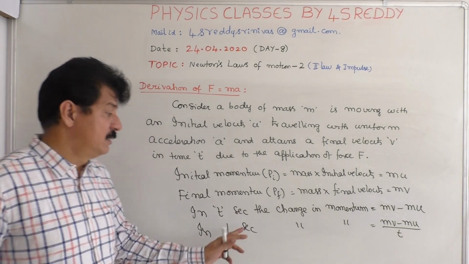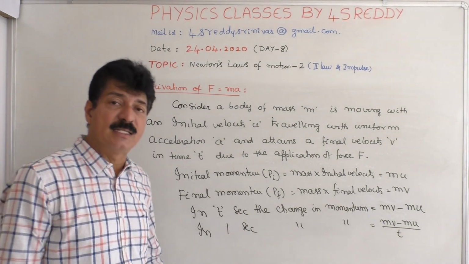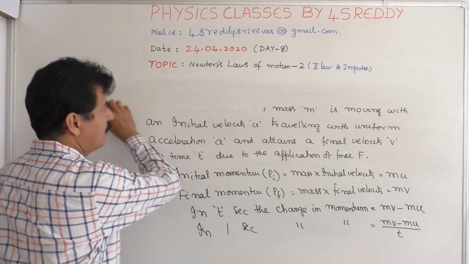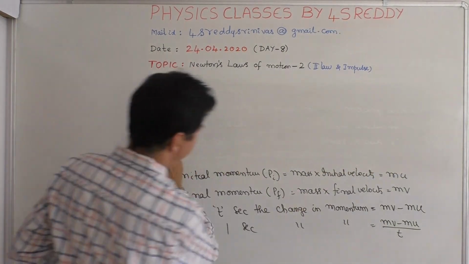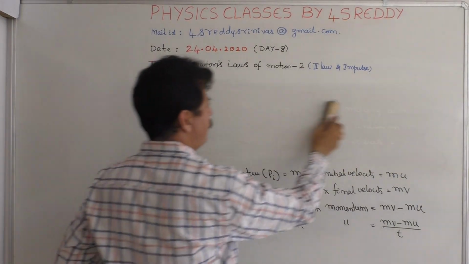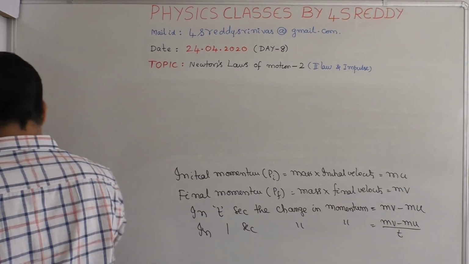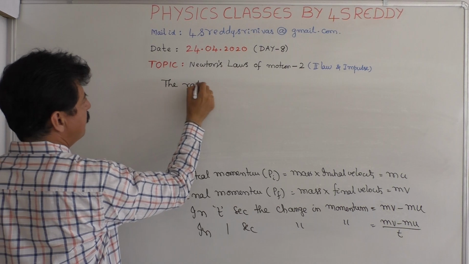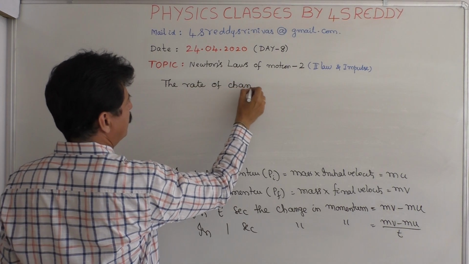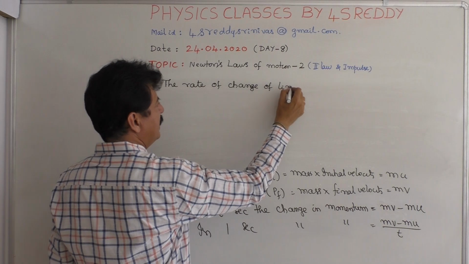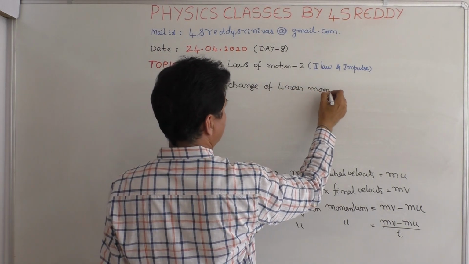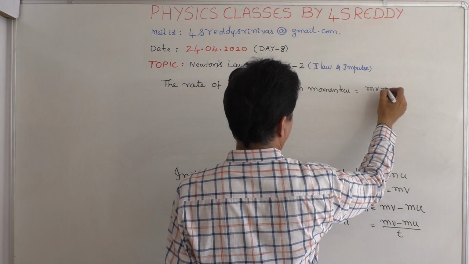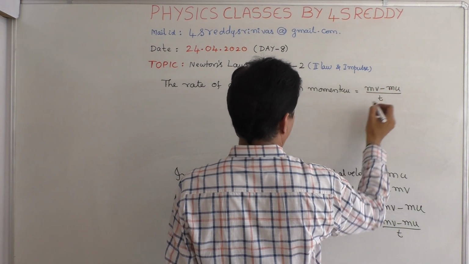The change in momentum in 1 second is called the rate of change of linear momentum. Therefore, the rate of change of linear momentum is (mv minus mu) by t.